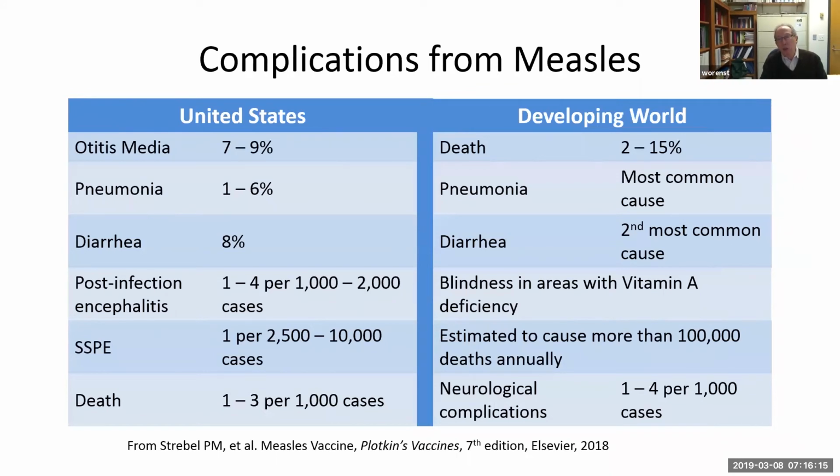Measles in areas where vitamin A deficiency is common is a common cause of blindness. And as of the most recent year, it still is estimated more than 100,000 persons, primarily children, die from measles. And neurological complications, as seen in industrialized countries, are also not that uncommon, but certainly less common than diseases like pneumonia and diarrhea.